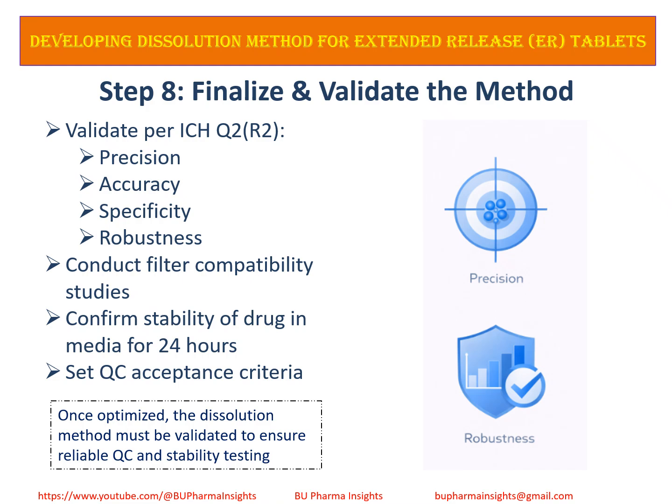This ensures the method is reliable and reproducible under real lab conditions. Final method validation must be performed in line with ICH Q2(R2) and should cover precision, accuracy, specificity, robustness. In addition, perform filter compatibility studies, confirm drug stability in medium up to 24 hours, and define clear QC acceptance criteria.